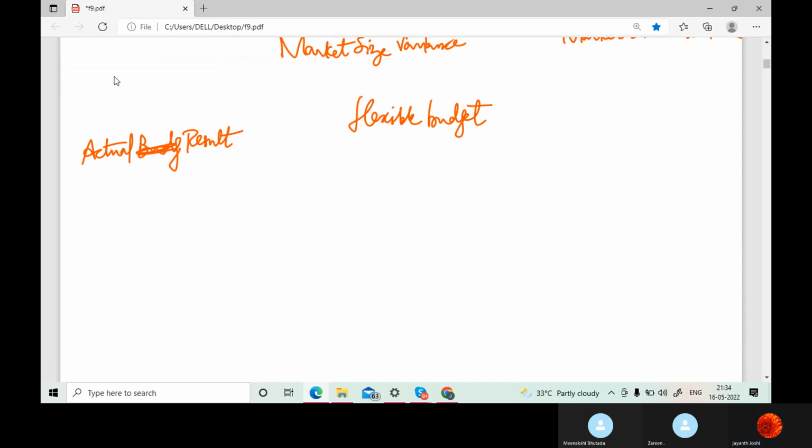Budgets are prepared by every company. Suppose you have a standard fixed that you will make 1,000 units. If you prepare a budget only taking this into consideration, that's called static budget.